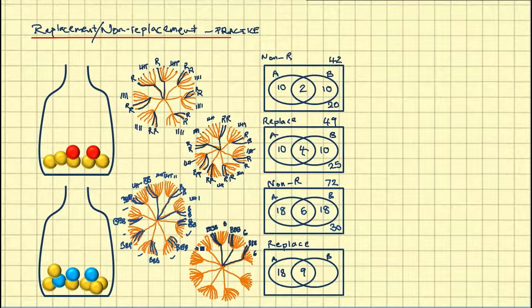So 1, 2, 3, 3 here, 3 here, and that's it. So 1, 2, 3, 4, 5, 6, 6 times 3, 18 again.